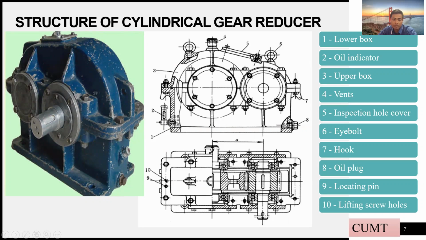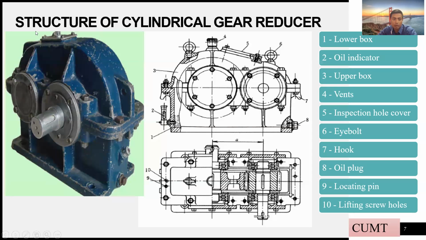In this device they use a screw tightening device, which I'll talk about later. Number 3 is the cover, the upper cover, upper box or upper surface, whatever you want to call it. Number 4 is the vent, and then the inspection hole.